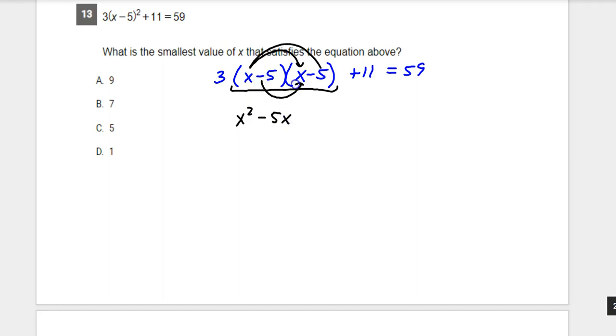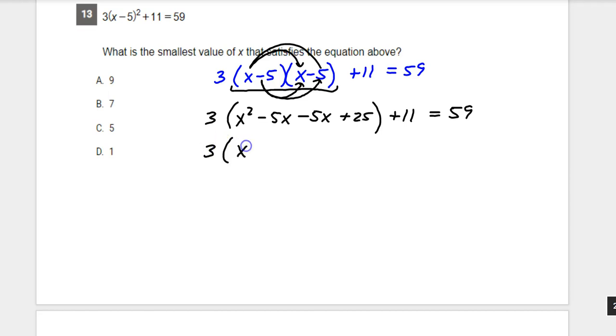Then you do this term by both pieces. That's another negative 5x. And negative 5 times negative 5 is positive 25. So that is what those 2 times together would be. Then you'd have to multiply by 3. Then you'd have to add 11 and get 59. Whew! It's already looking like a lot of work.